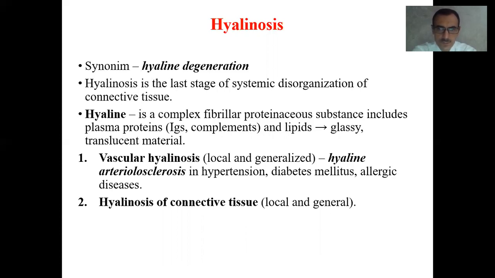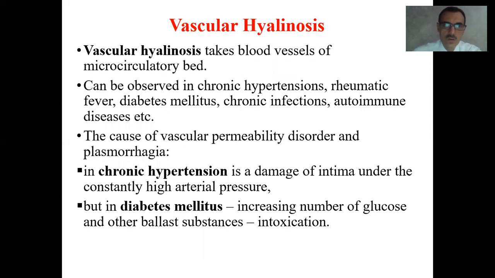It is present in hyaline atherosclerosis in chronic hypertension, diabetes mellitus, and allergic diseases, and hyalinosis of the connective tissue also is divided into local and general. The vascular hyalinosis takes blood vessels of the microcirculatory bed.